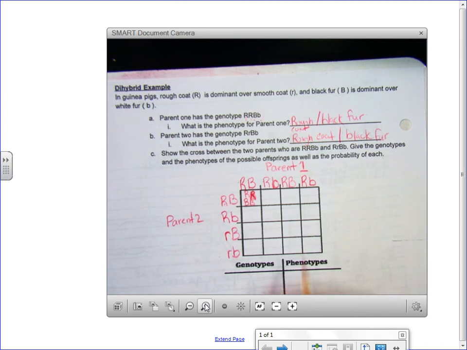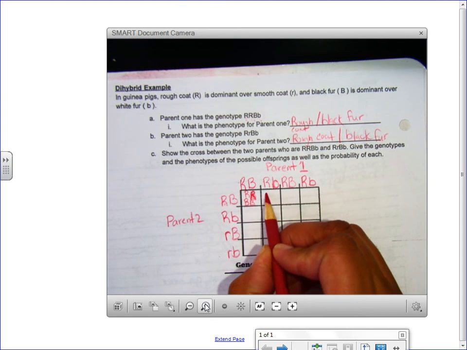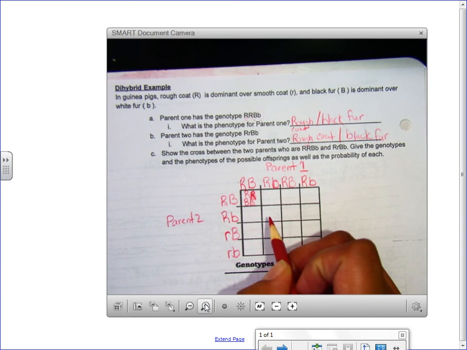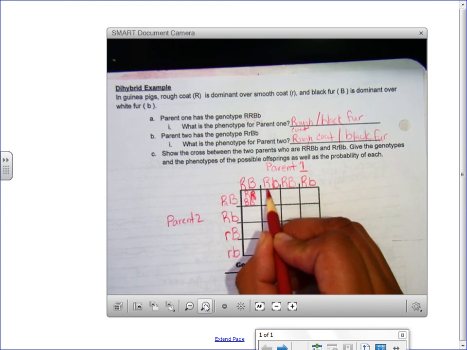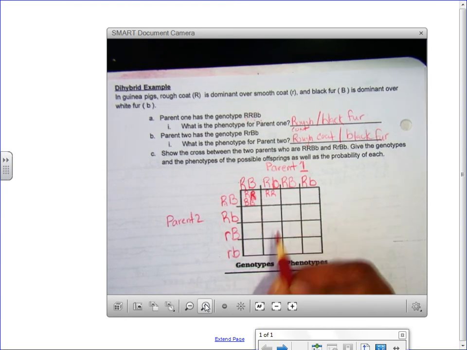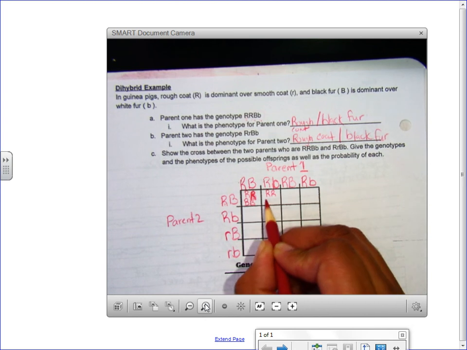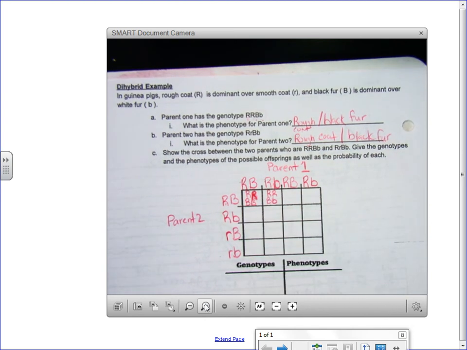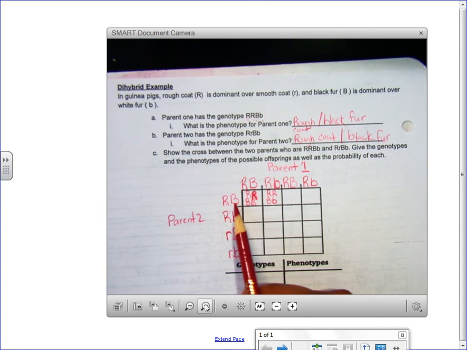Okay, the next one. Somebody raise your hand and tell me the genotype pairs for the next one. Isaiah. Very good. Again, he matched the two R's and the two B's. Shamaika.